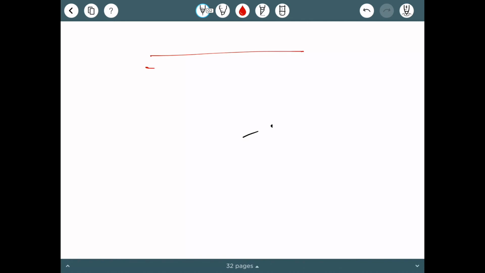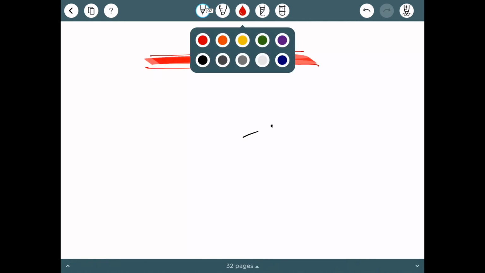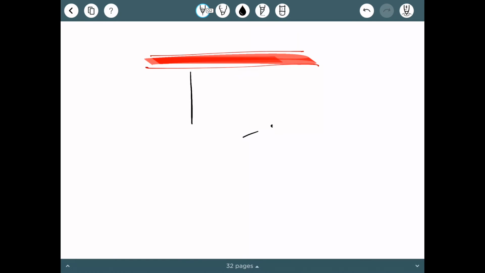Let's say you have this zone, and then you have this inside bar that's forming here.